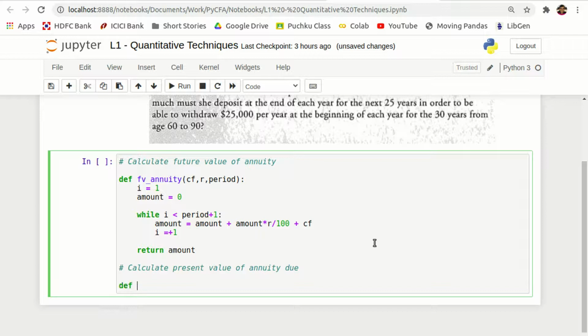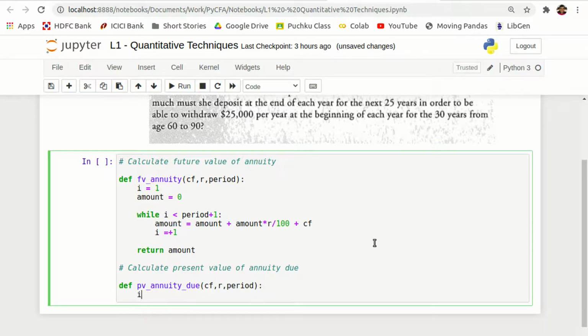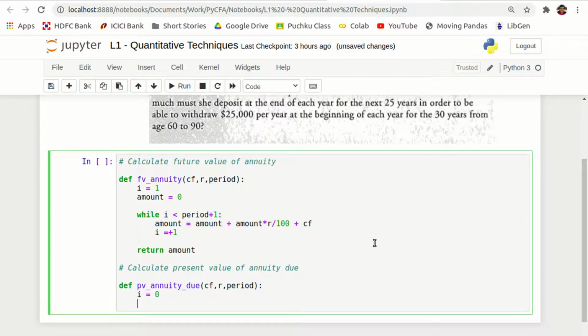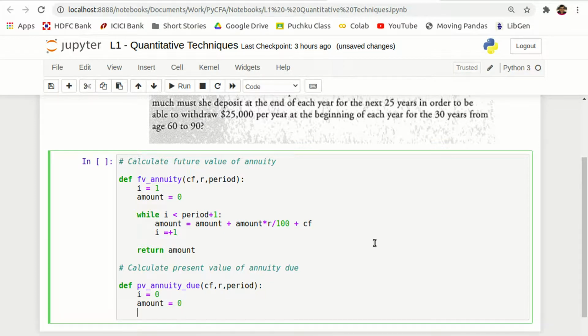So let's again define a function around present value of annuity, and let's call it annuity due. Again, I need a cash flow, I need the rate of interest, and I need a period. I is equal to 0, amount is equal to 0. And so while I is less than period, not period plus 1, because this is annuity due.